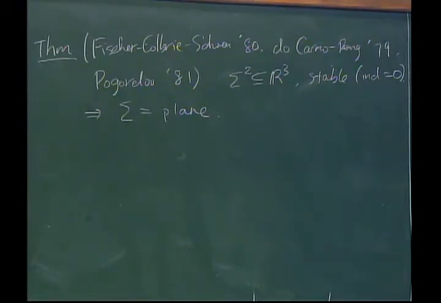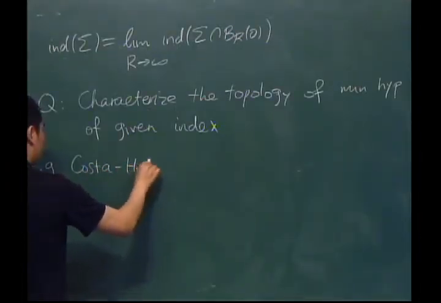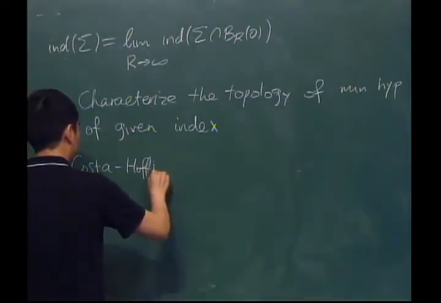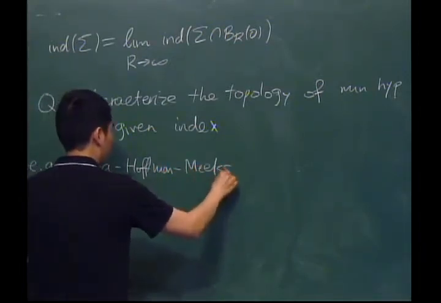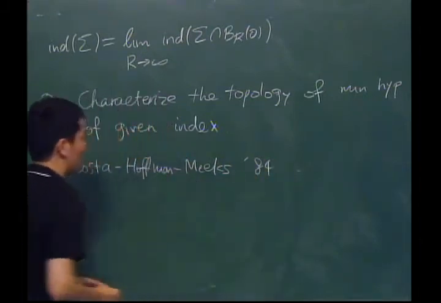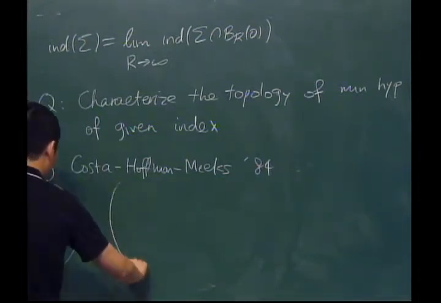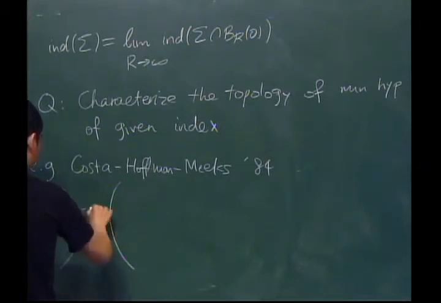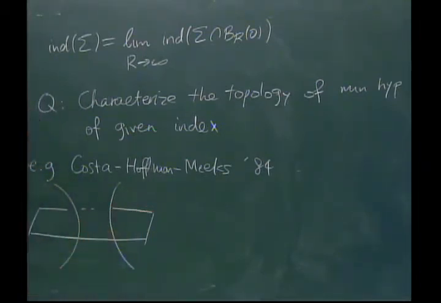So the first example I want to discuss is, of course, the Costa surface, discovered in 84. This surface can be viewed as a desingularization of the union of a catenoid with a plane. If you just put together the catenoid and the plane, it's basically a minimal surface, except for their intersection.